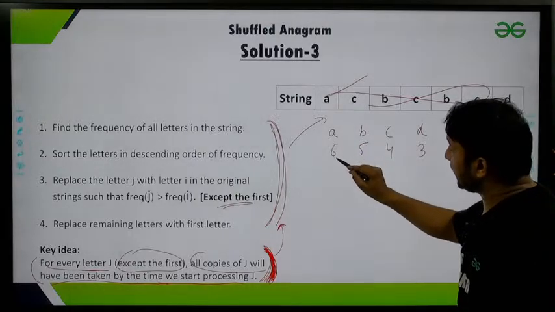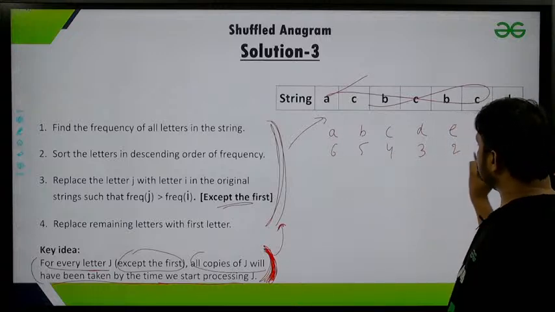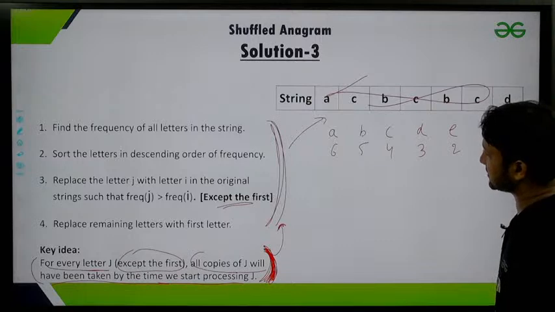Frequency of A is repeating 6 times, B is repeating 5 times. If you add all of them, that will be the length of the string. I simply sort them according to their frequency.